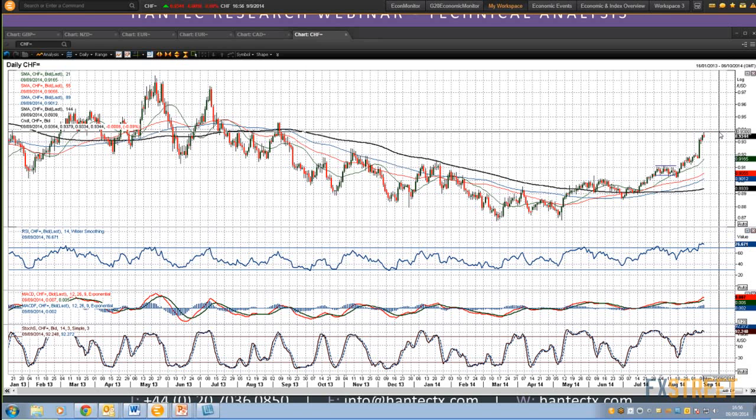And I think you need to be prepared for the fact that if you're long of dollar Swiss, there may be a correction at some stage. What do I mean by proxy?